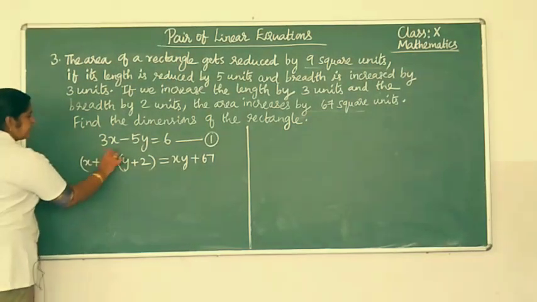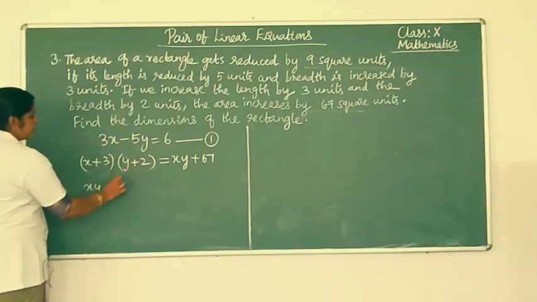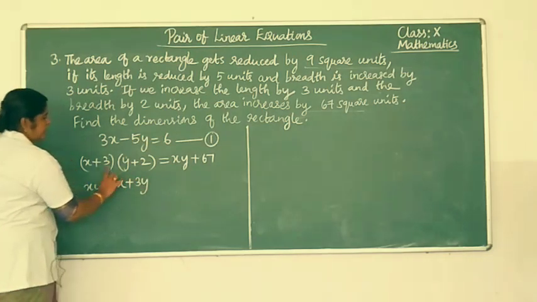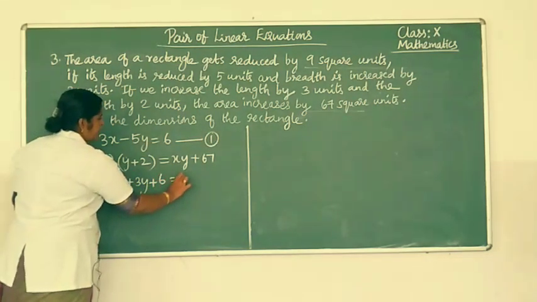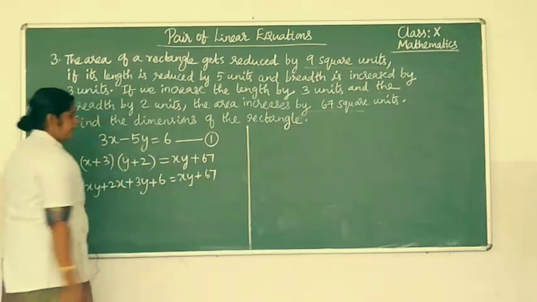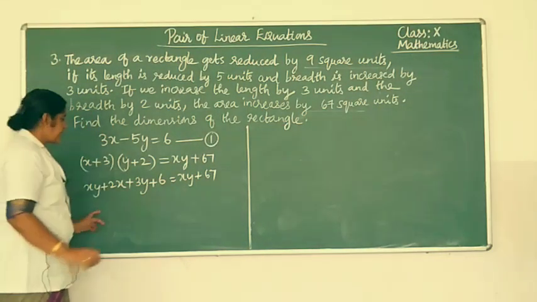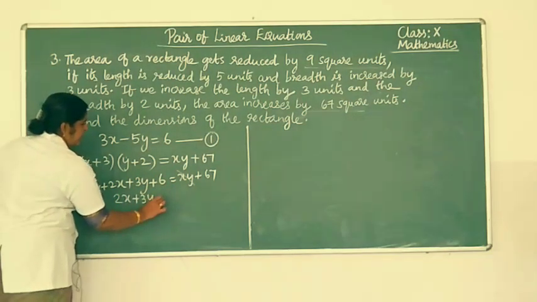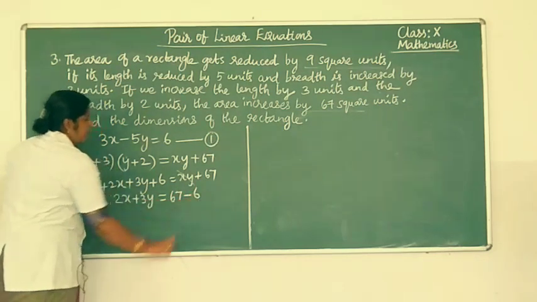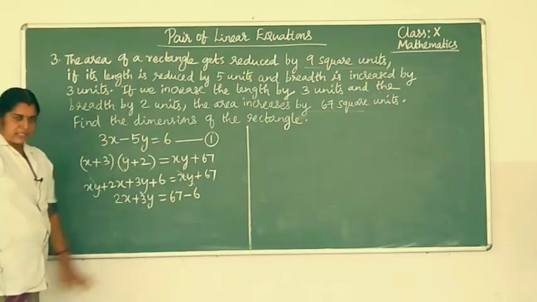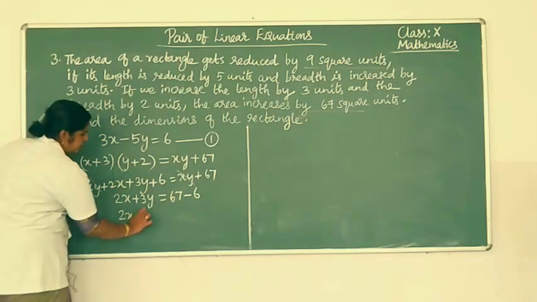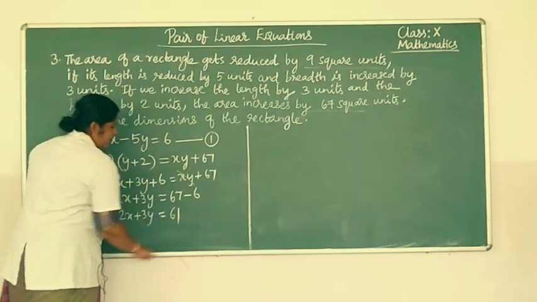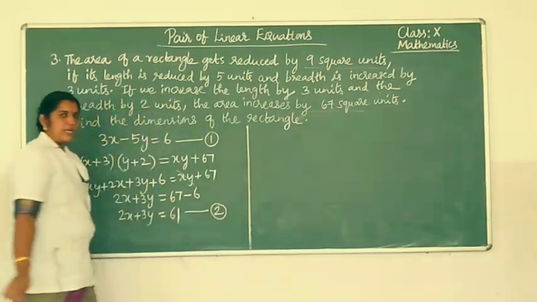So we get x into y, xy, x into 2, 2x, plus 3 into y, 3y, 3 into 2, 6, equal to xy plus 67. Here also you can eliminate this xy. What is remaining? 2x plus 3y equal to 67 minus 6, as 6 is taken to the RHS. Therefore 2x plus 3y equal to, what is 67 minus 6? 61. So this is our equation number 2.